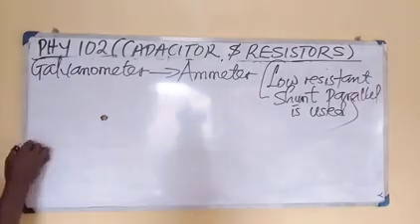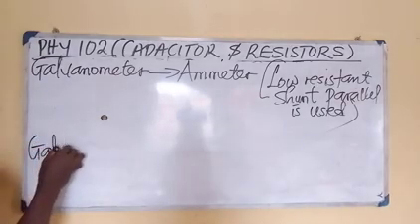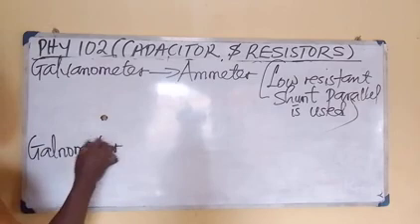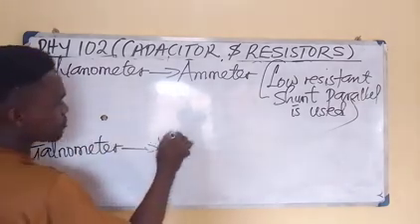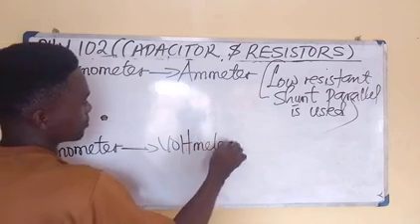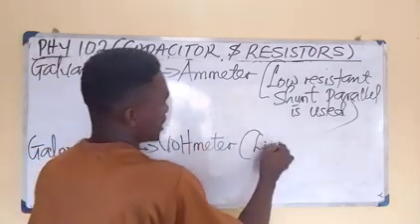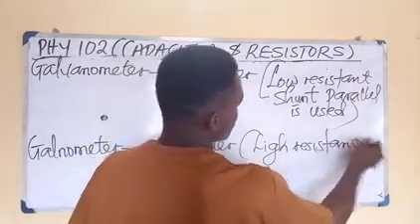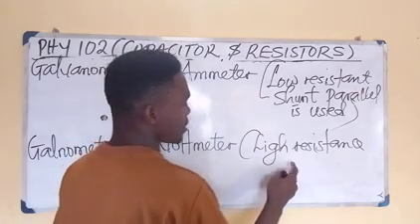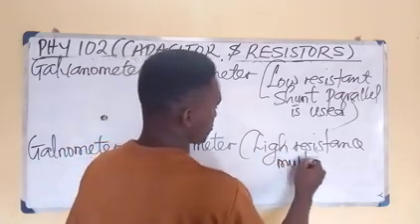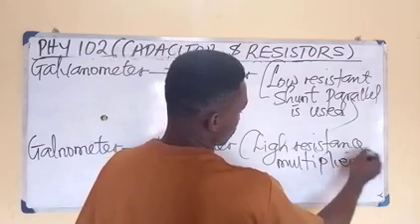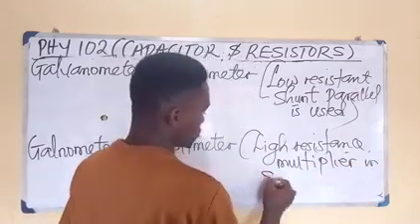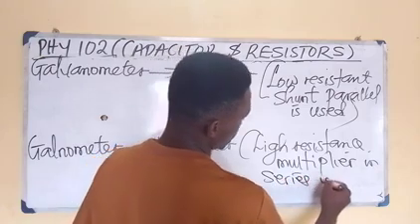But for a galvanometer to be converted to a voltmeter, a high resistance multiplier in series is used.